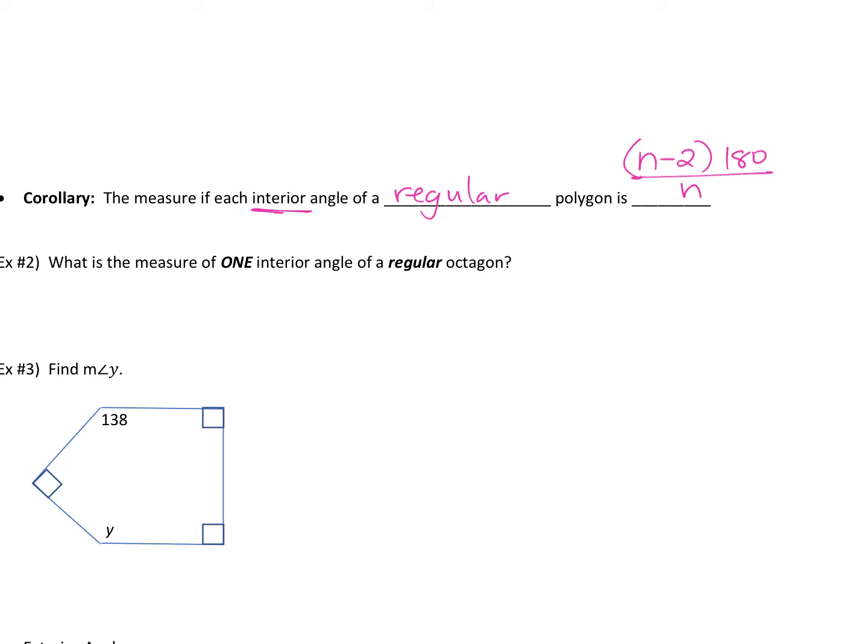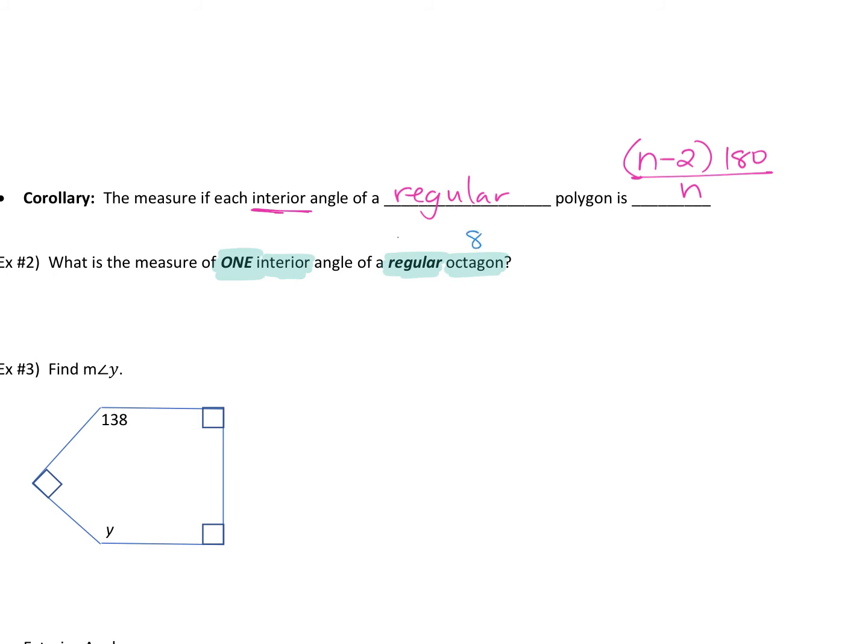This question is saying what is the measure of one interior angle of a regular octagon. Every one of those words is very important here. It has 8 sides. That's what you should be picking up from octagon.